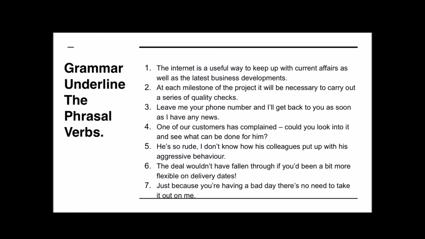So if you go online, you can just put phrasal verb in there, and there's so many lists on the internet, and you can just find hundreds and hundreds of phrasal verbs. There are dictionaries full of phrasal verbs.